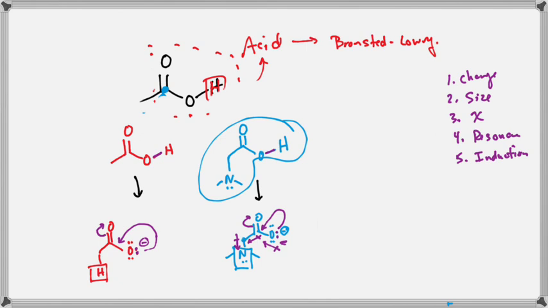If I wanted to play with my arrows, this arrow comparatively is going to be significantly larger or more forward in direction than the other one. Okay? That does not make the blue structure a strong acid. It's just stronger than the red one. Kind of makes sense? Because it's more stable.